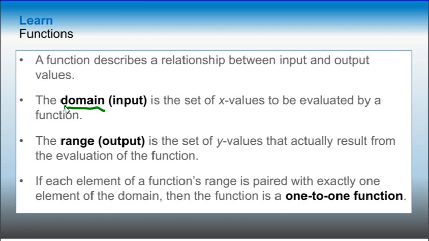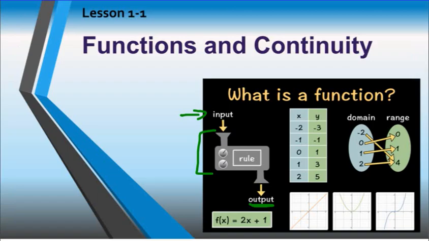If each element of a function's range is paired with exactly one element of the domain, then the function is one-to-one. So if I go back to this picture here, and I look at the domain and range over here, you can see I have one arrow from the domain matching up with exactly one range. So there's only one arrow here, one arrow here, one arrow here, and one arrow there.